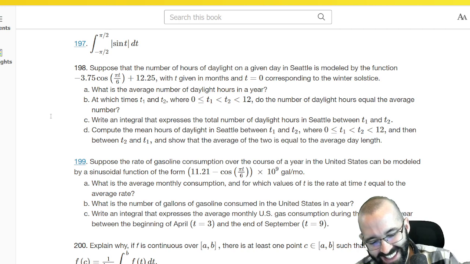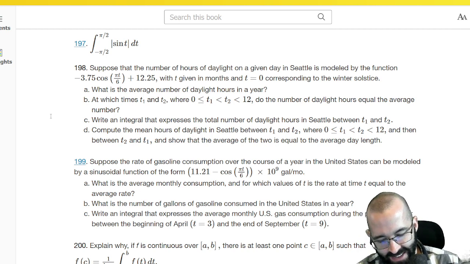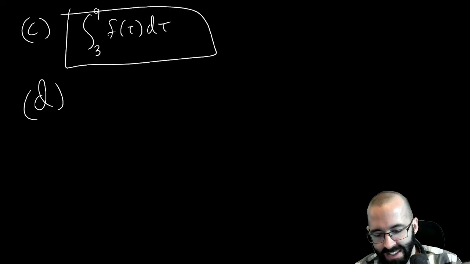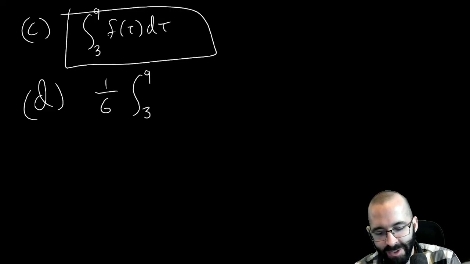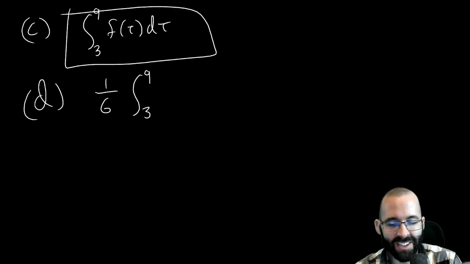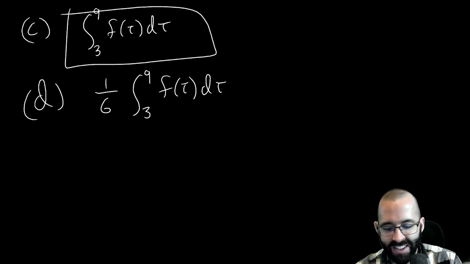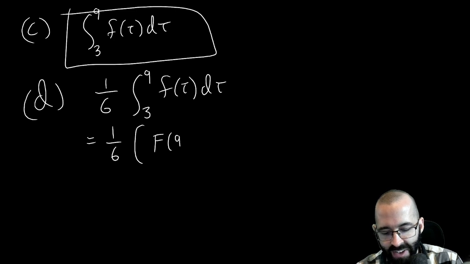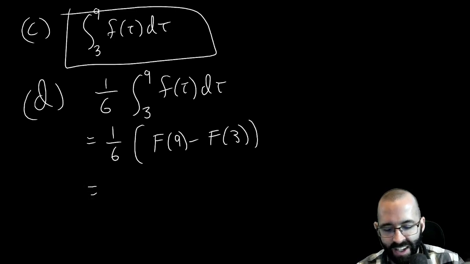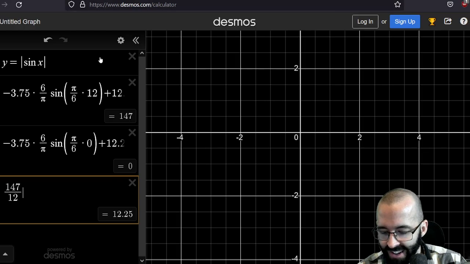Oh gosh. All right, the average number of daylight hours between T1 and T2 is going to be 1 over 6 times an integral from 3 to 9, because there's 6 months between March and September, of this function. Now we already figured this out, right? It's just 1/6 times F of 9 minus F of 3. We already had that set up, so let's just use that calculator again.